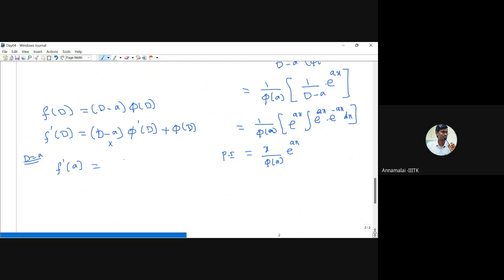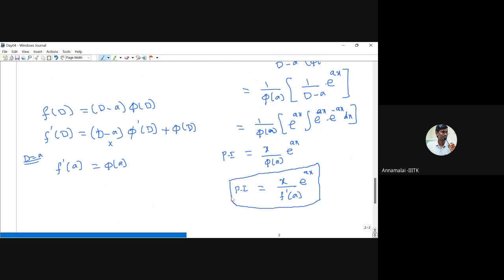So finally phi of a is nothing but f dash of a, the derivative of f at point a. Therefore the particular integral is x by f dash of a into e power ax, provided f of a is 0.